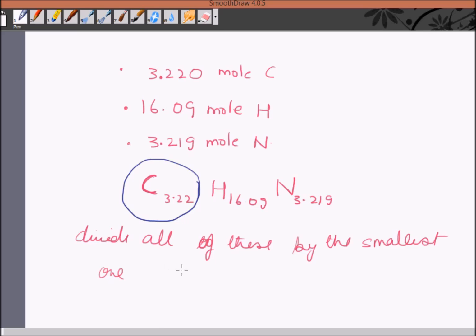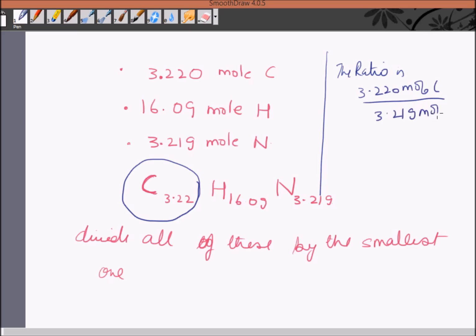So the ratio we can write here comes out to be 3.220 moles of carbon upon 3.219 moles of nitrogen, which gives 1 mole of carbon upon 1 mole of nitrogen.